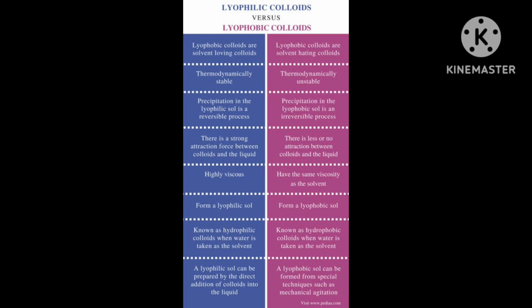This range is called the colloidal range, 1 to 1000 nanometer. If a macromolecule's size is in this range, such systems are called macromolecular colloids.